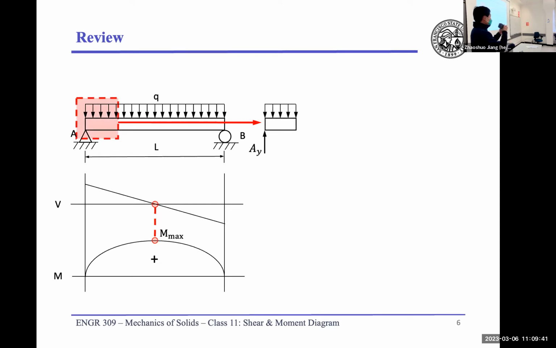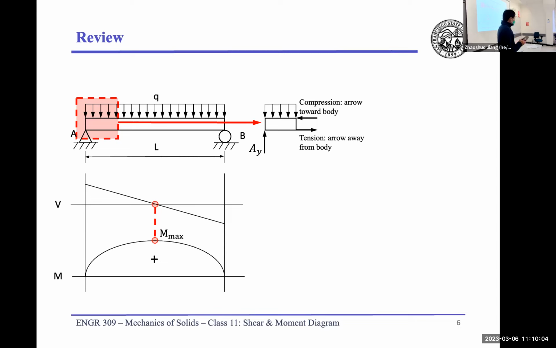So with that said, let's take a small portion of this out. Look at that. We have the top in compression. We're using the arrow pointing towards the cross section to denote compression, and the arrow pointing outward to denote tension.